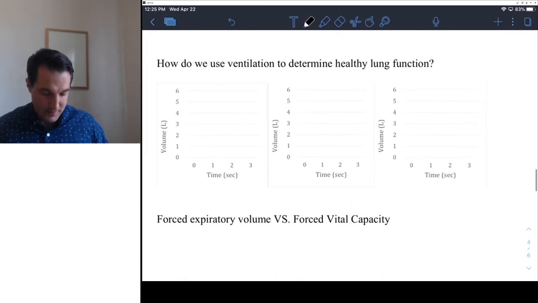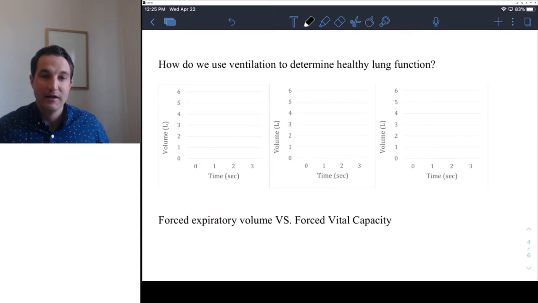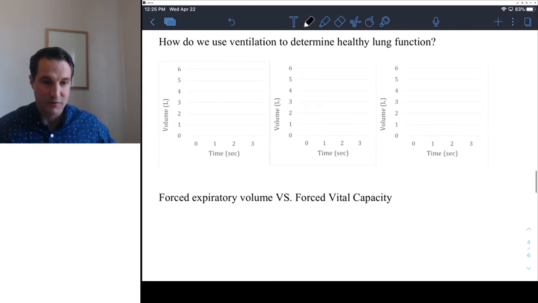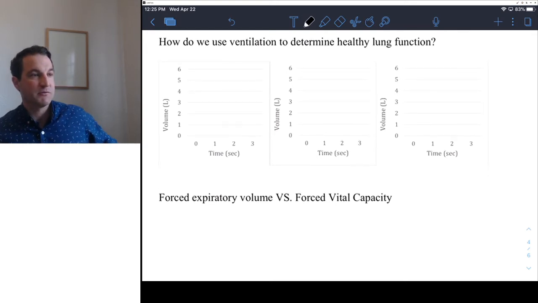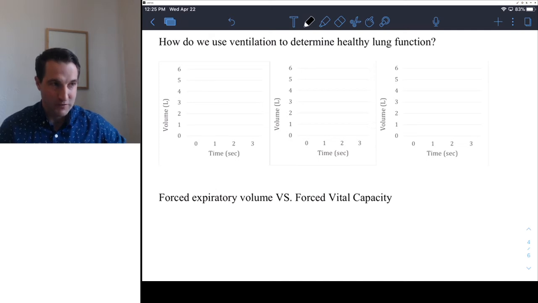Now, let's move on. New information. Here we go, getting on to our FEV and FVC. Let's do our definitions first, right here at the bottom. Forced expiratory volume versus forced vital capacity.